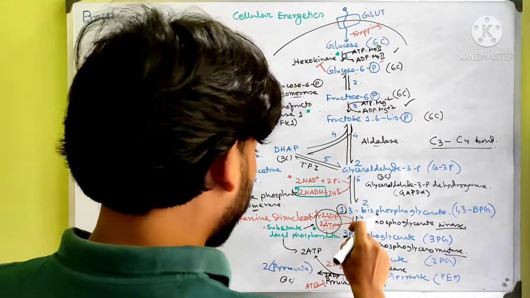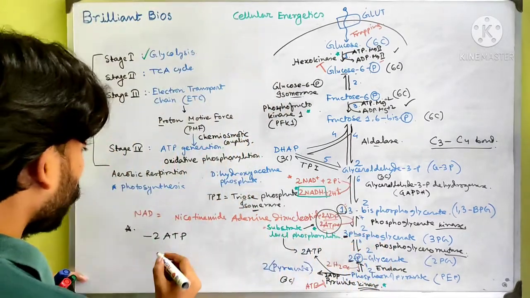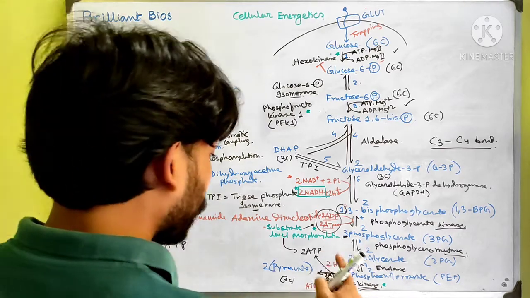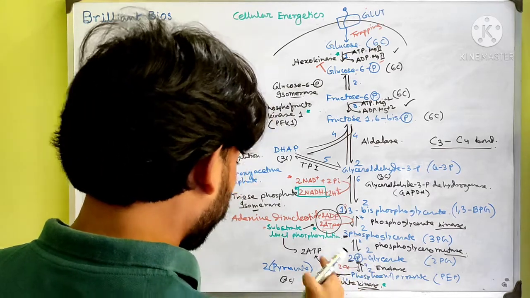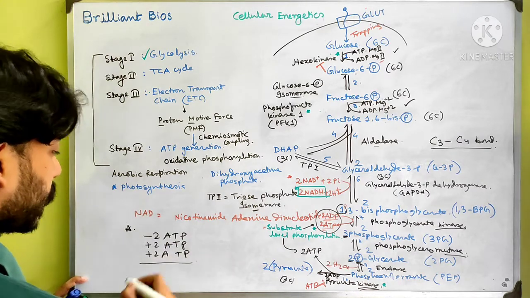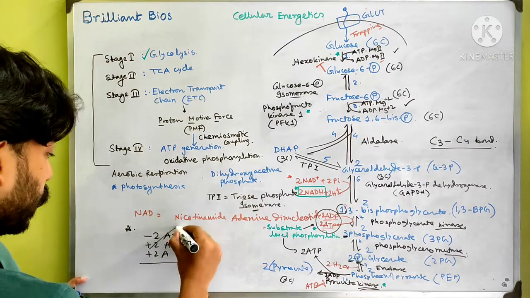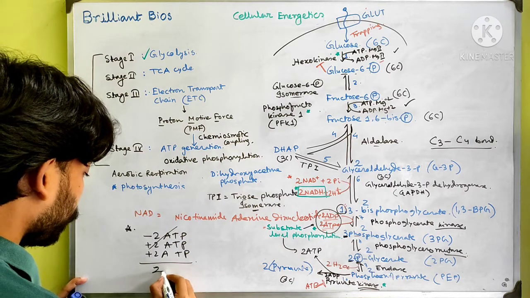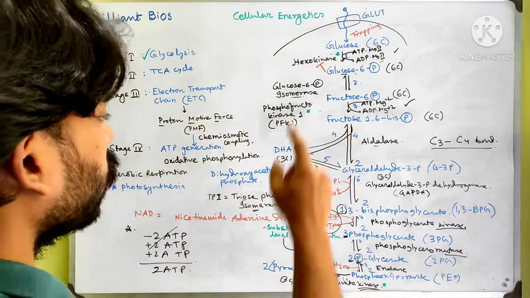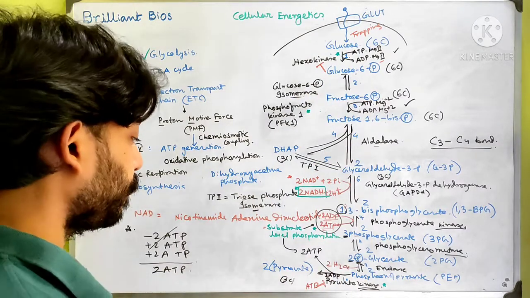Now at step 7 we gain 2 ATP, and at step 10 we also get 2 ATP. So the ultimate gain of ATP is 2 ATP. So we get only 2 ATP from glucose to pyruvate.